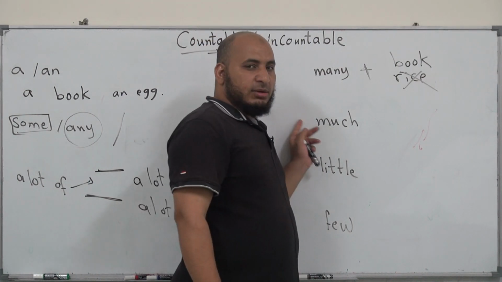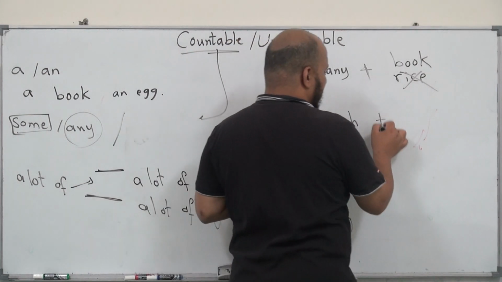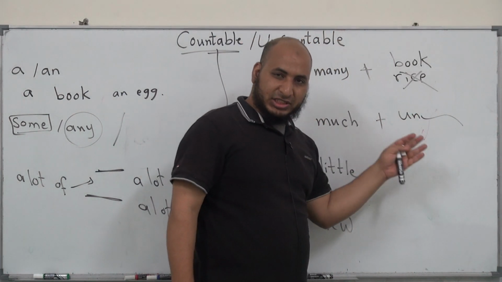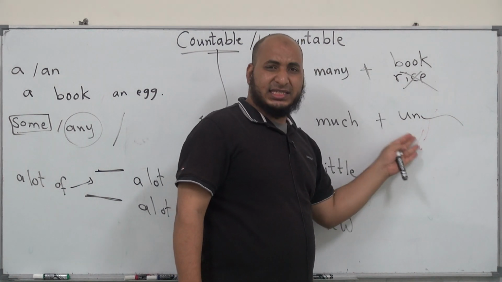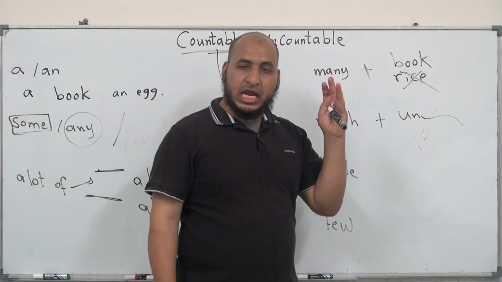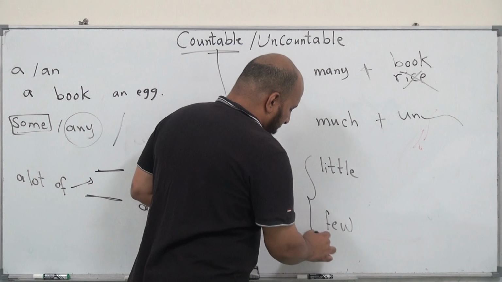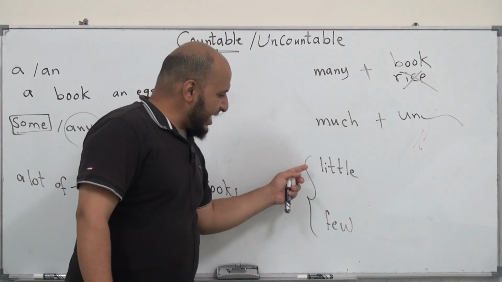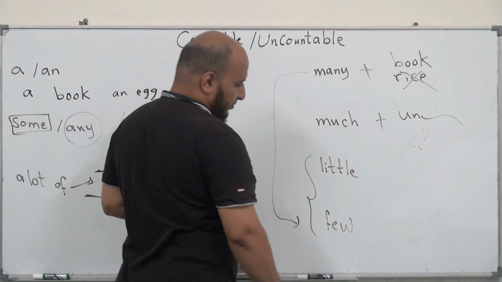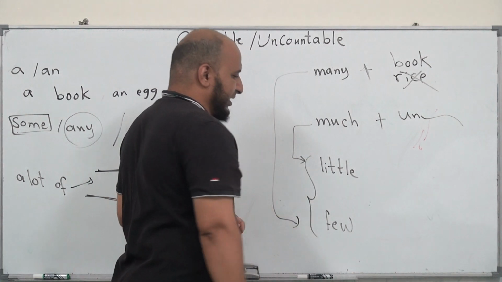The opposite of many for uncountable nouns is much. After much you can put uncountable nouns: much money, much rice, much water, much juice. In meaning, the opposite of the adjective many is few, and the opposite of the adjective much is little.